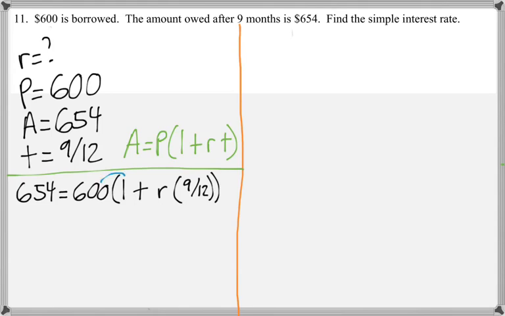I want to distribute the 600, and that's going to get me 600 plus, if you take 600 times 9/12 on your calculator, you get 450. So it's 450 times R.